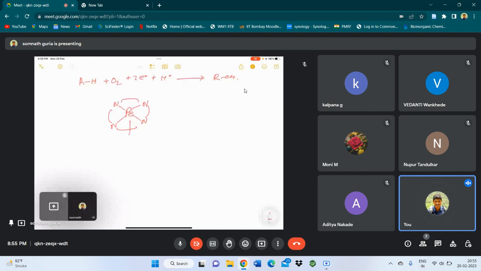It further forms the Fe4 oxo species and the porphyrin ring cation radical system.